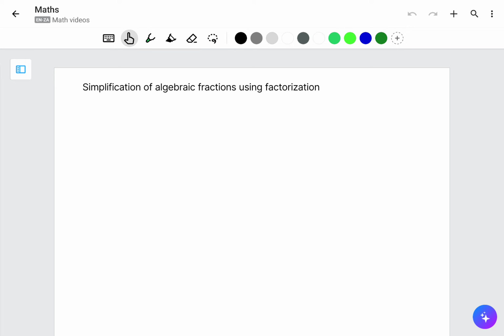We are going to be looking at the simplification of algebraic fractions using factorization today. So, we're going to start off with a basic fraction, and we're going to make use of everything we've learned up until this point. So, we know when it comes to factorization, we want to find what we call the highest common factor.